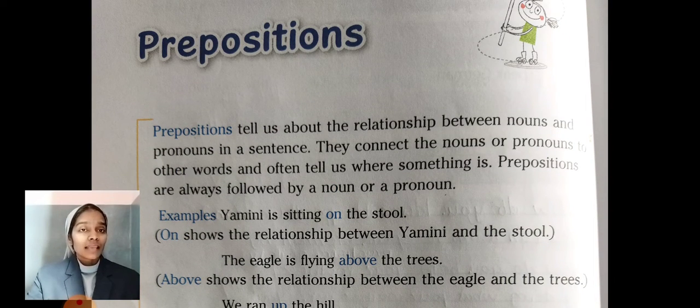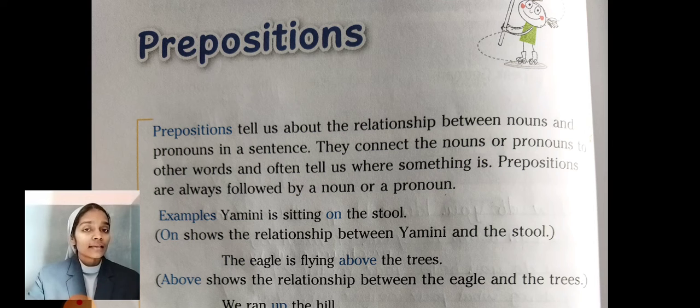Prepositions tell us about the relationship between nouns and pronouns in a sentence. It's a word that is used to link a noun or pronoun with other words in a sentence.